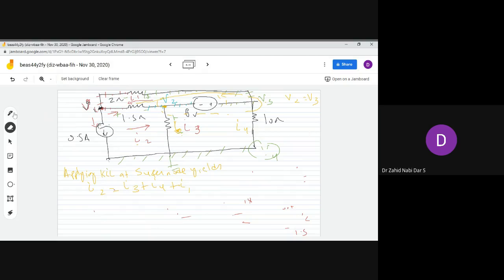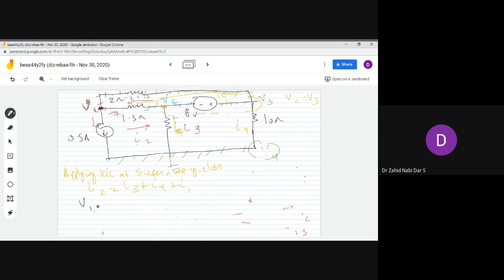So now I know that my equations are like this. Let me write the equations again, applying KCL. I2 is equal to (V1 minus V2) divided by 1.5.